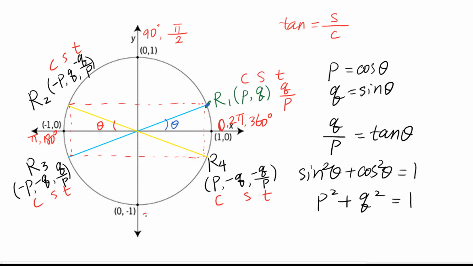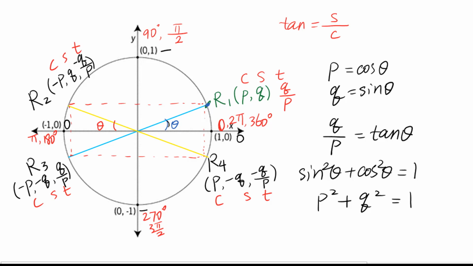This one is 270 degree or 3 pi over 2. For the coordinates of quadrantal angles, we do know this is a 0. Here is undefined. This is a 0. This one is undefined.